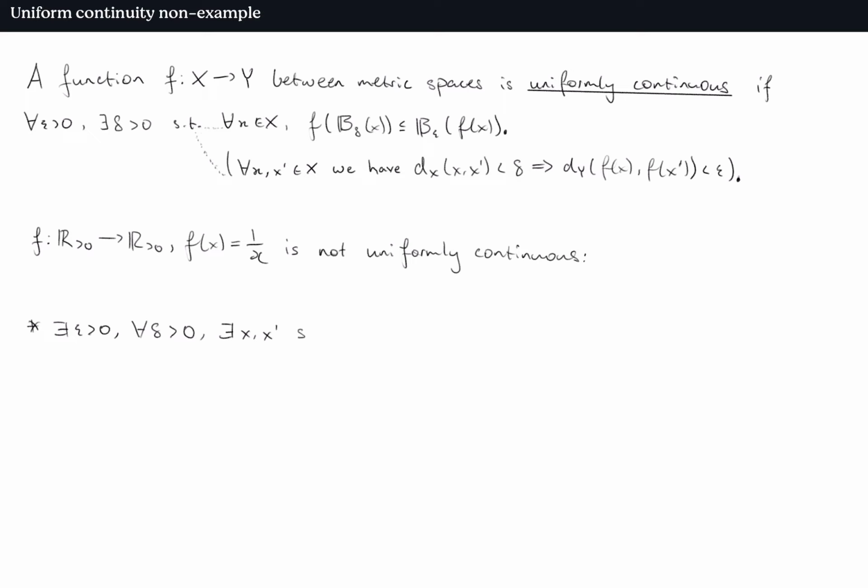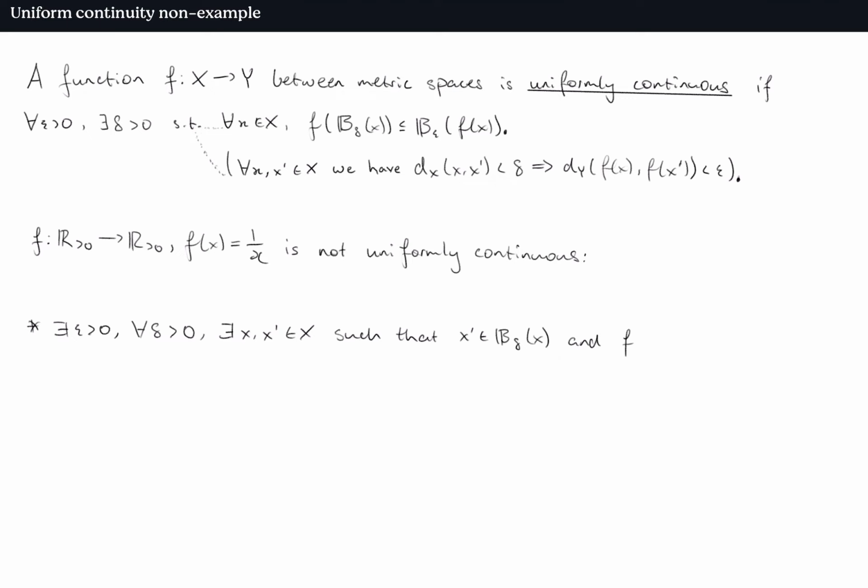Where do they live? They live in X. Such that, so if x prime is an element of the ball of radius delta around x, we want this to occur, and we also want this to occur as well.